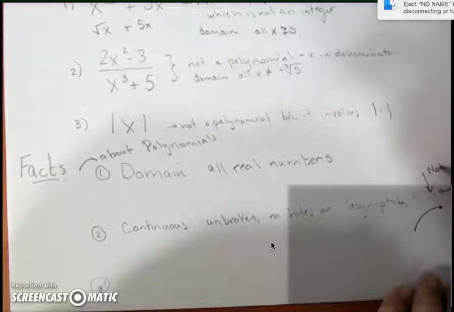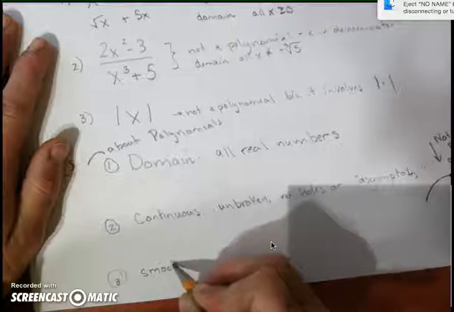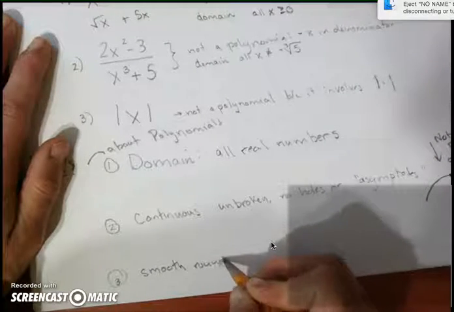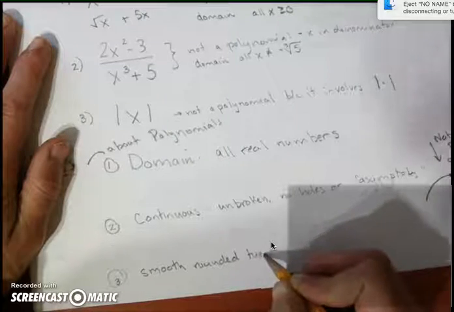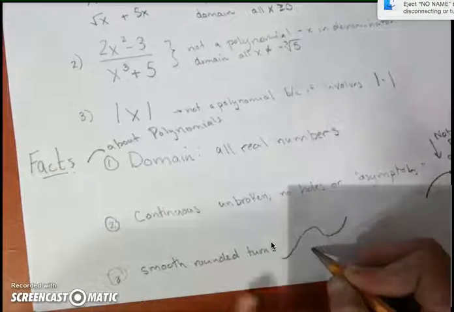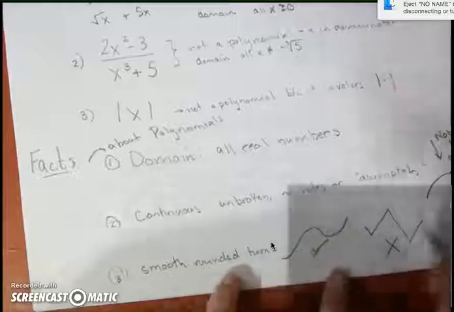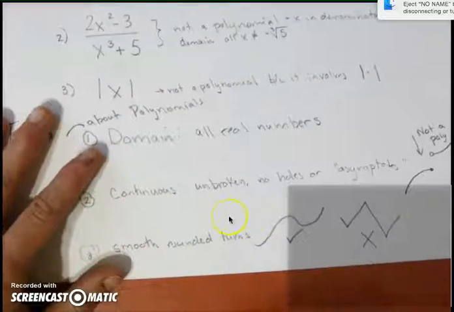This is not a polynomial. They also have smooth rounded turns. So this is possible, this is good, this is no good. That would be jagged.